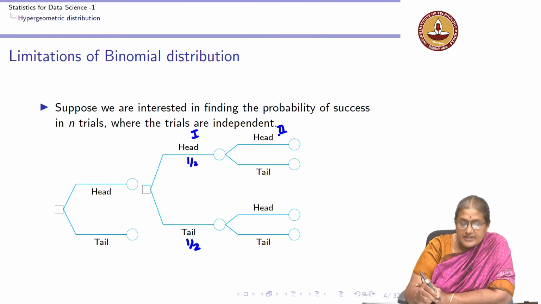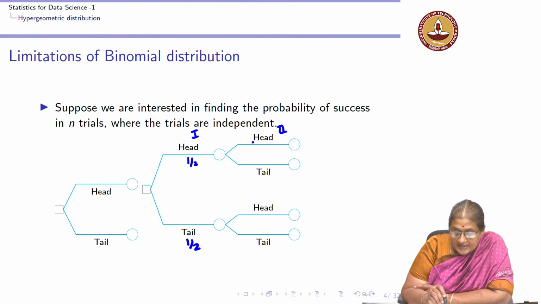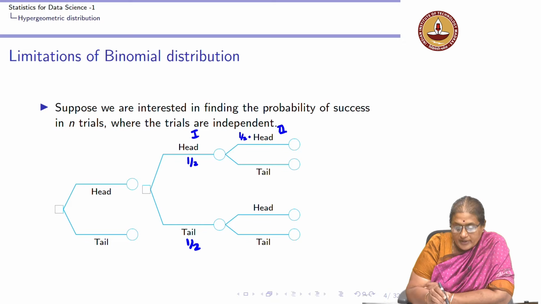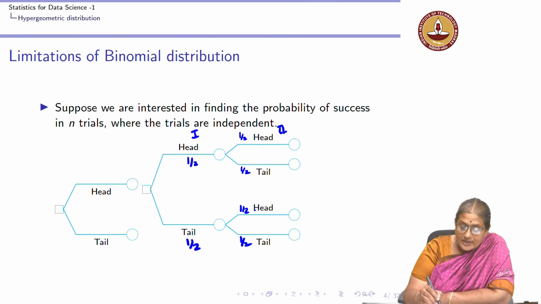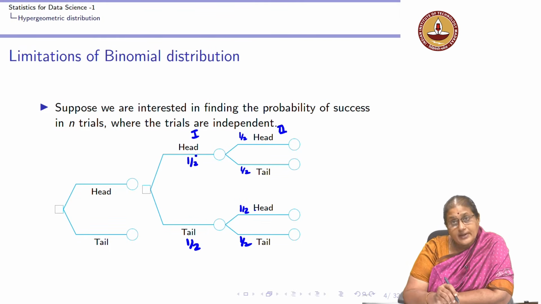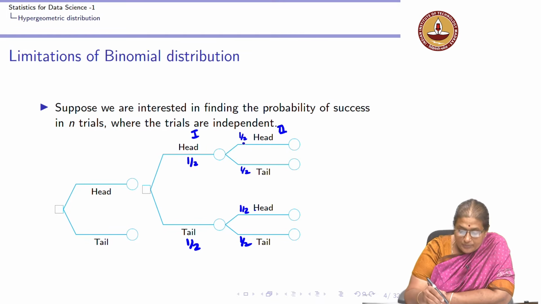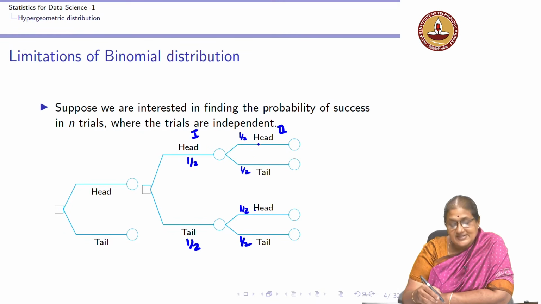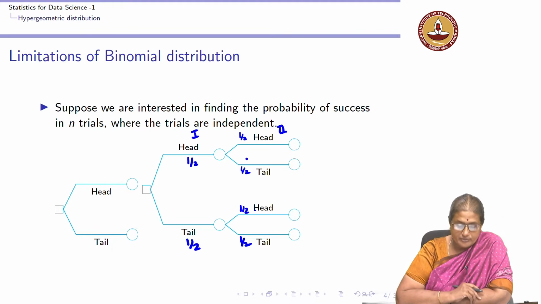This is the first trial, this is the second trial. Again, in the second trial, my outcomes are either a head or tail, with the same probabilities. Similarly, if I had a tail in my first trial, the second trial again has identical outcomes, head or tail, with the same probability. Now, I know that trial 2 is independent of trial 1, and the outcomes have identical probabilities.